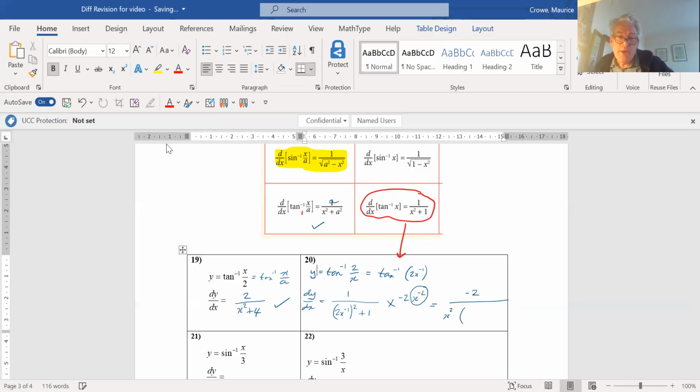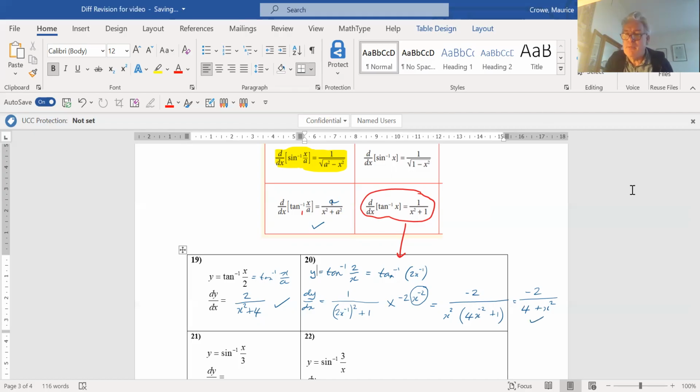That's x squared. Now we could do this out first of all. I should have multiplied that out first, so that should be already 4x to the minus 2 plus 1. Now multiply in, and I've got minus 2, and then you're going to get 4 plus x squared. So you have to square that out first, 4x to the minus 2, and then multiply by this. Yes, that's good now. Good. Okay.